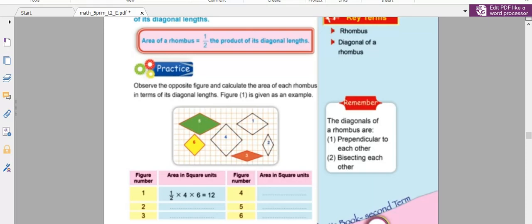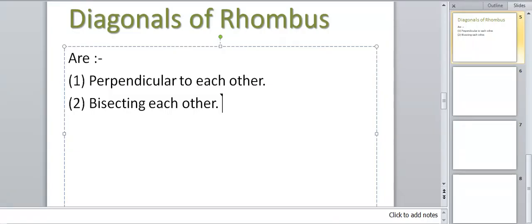We will use this rule, but first we have to know the properties of the diagonals of a rhombus. The diagonals of a rhombus are perpendicular to each other, bisecting each other. Let's see an example for the rhombus, and we will apply these properties of diagonals on it.